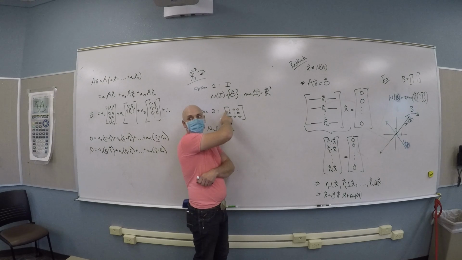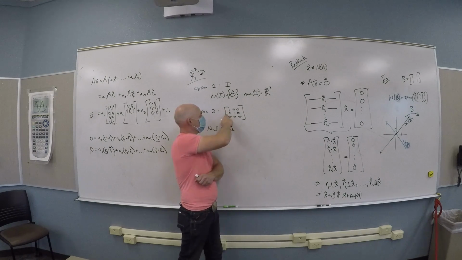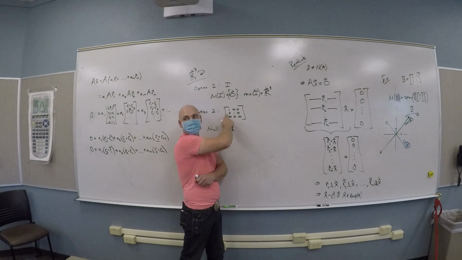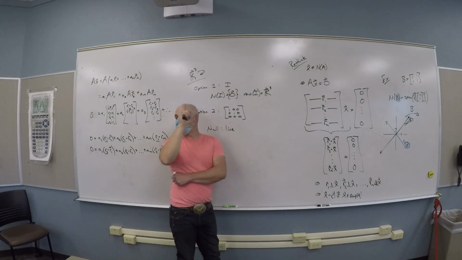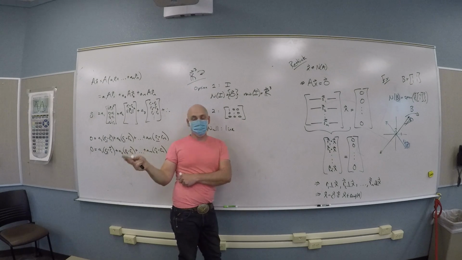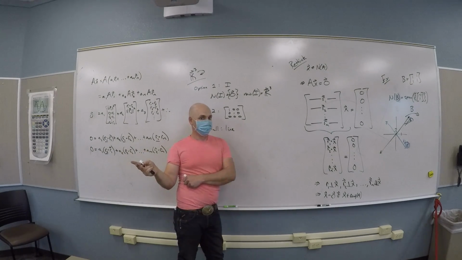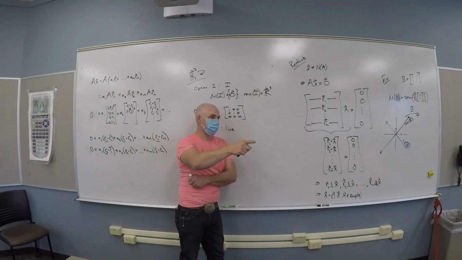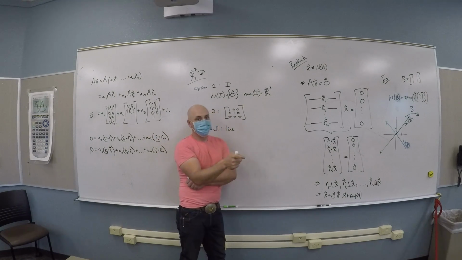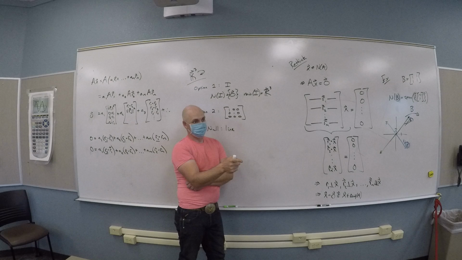So the rows are the i and j, so the row space is two-dimensional. It's the span of i and j. So the null space would be the span of 0, 0, and the c. Good. The null space is the span of k.